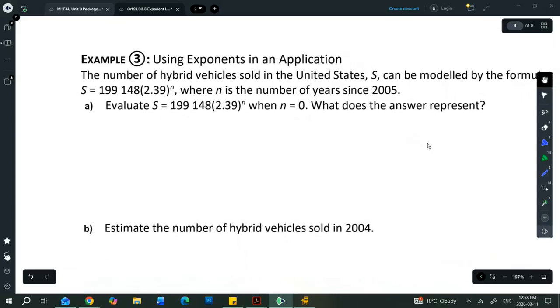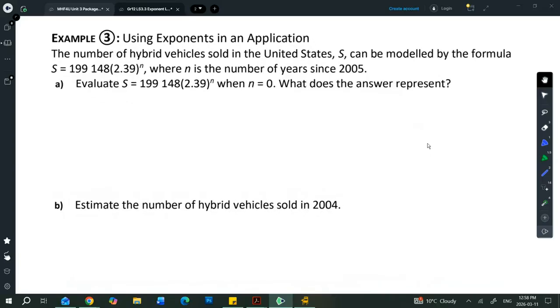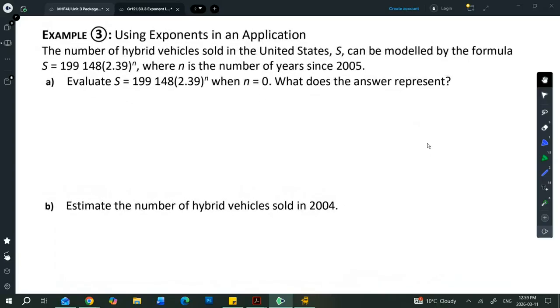Okay, and then we'll do an application. So the number of hybrid vehicles sold in the United States, which is represented by S, can be modeled by the formula S equals 199,148 times 2.39 to the exponent n, where n is the number of years since 2005.